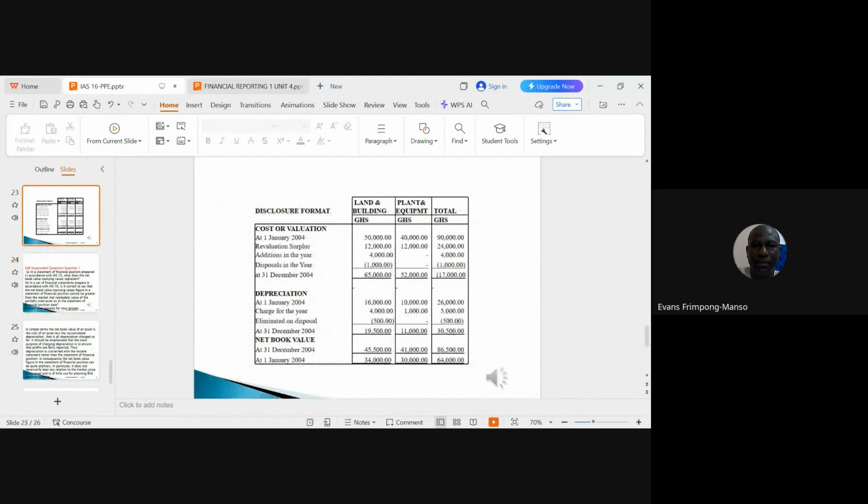If you look at this table, you know what the net book value represents.